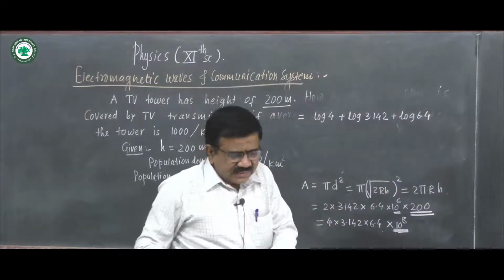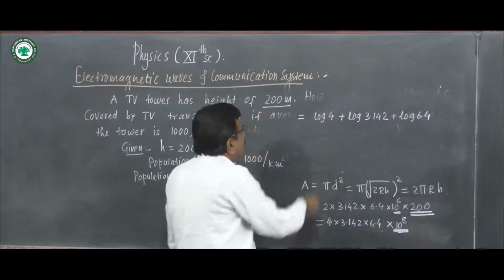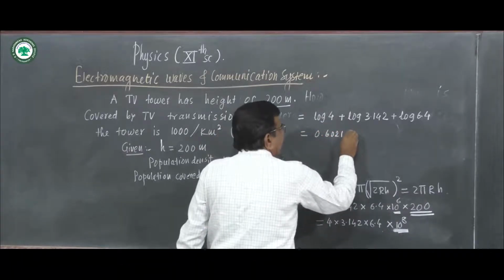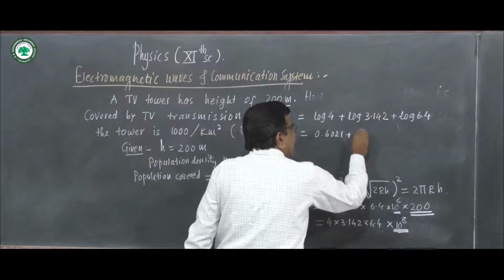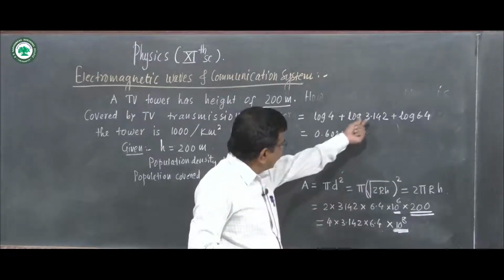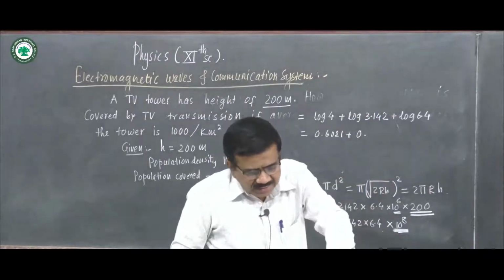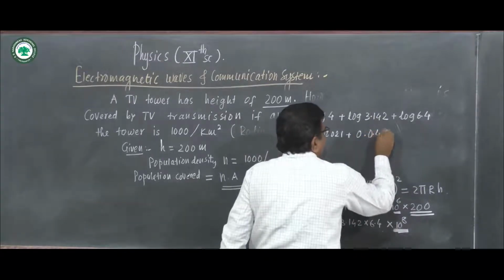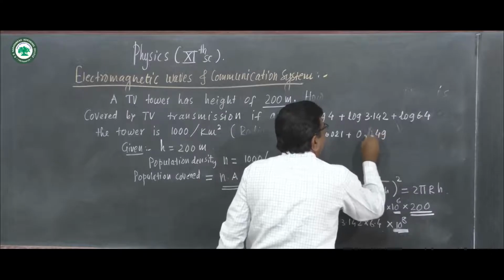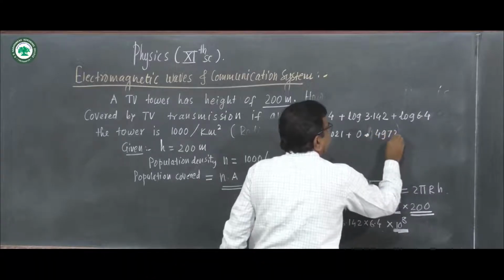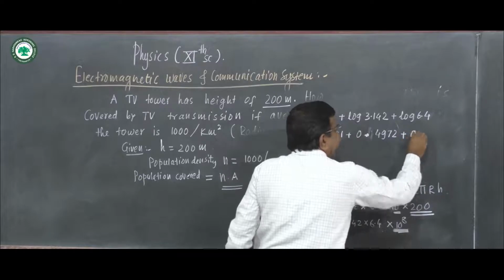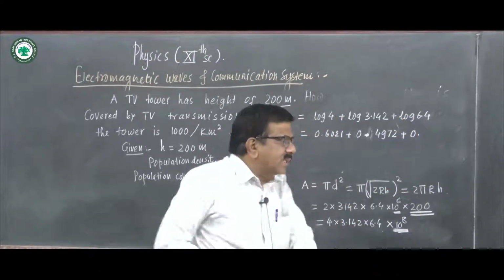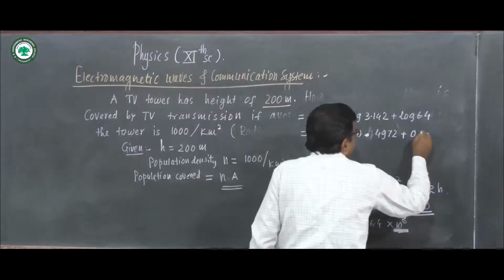Log 4 is 0.6021, characteristic is 0. Here also characteristic is 0. Log of this 3.142 is 0.4972, plus this is again 0 point, log of 6.4 is 0.8062.